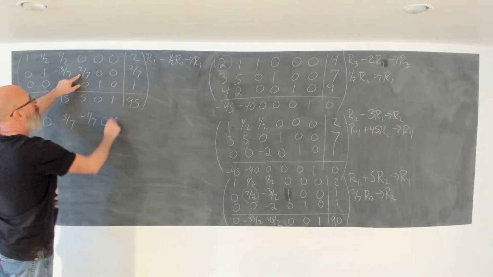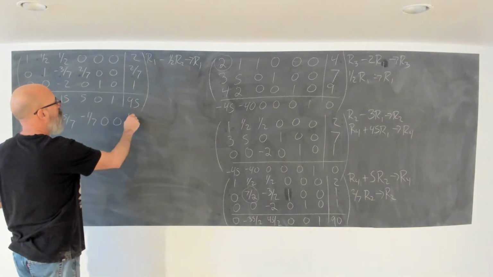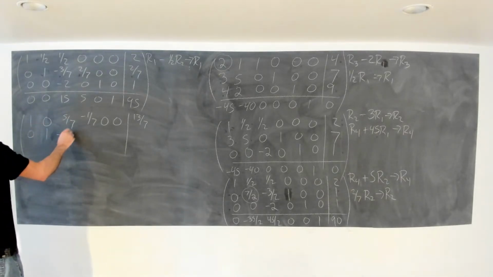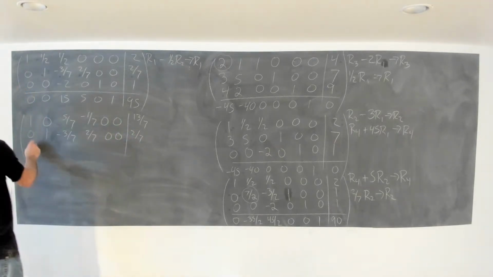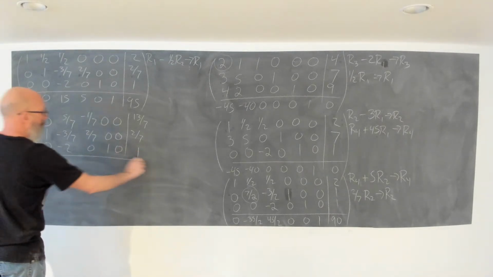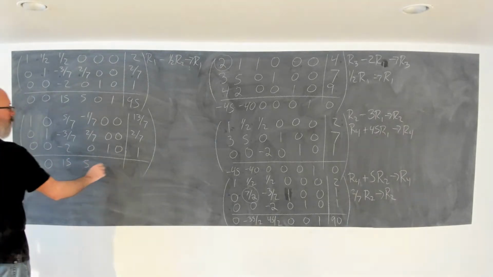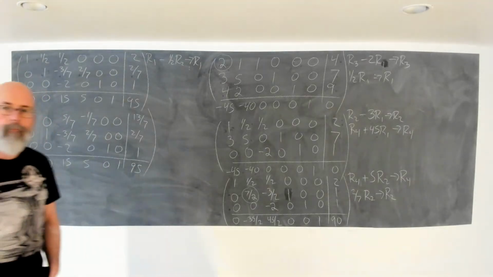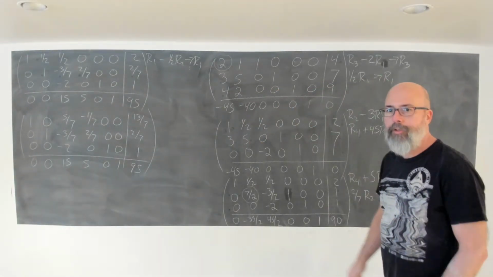Minus 1/7, 0, 0. And 13/7. Ten over 4 or 5/7. Thank you.